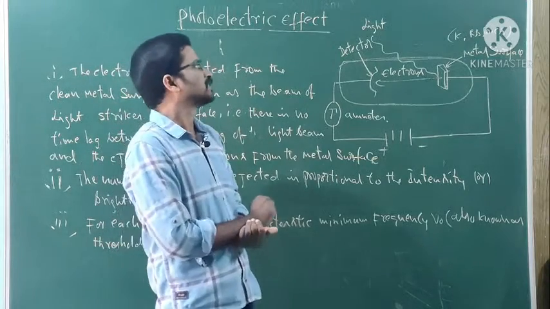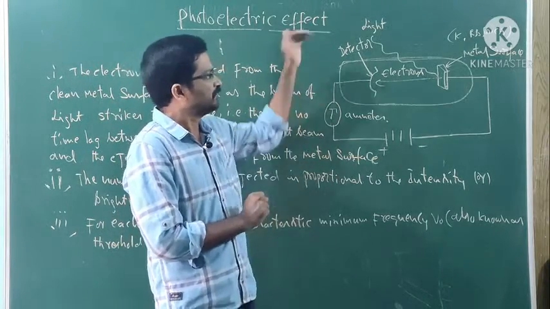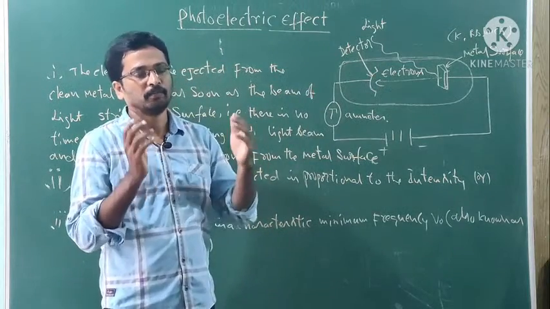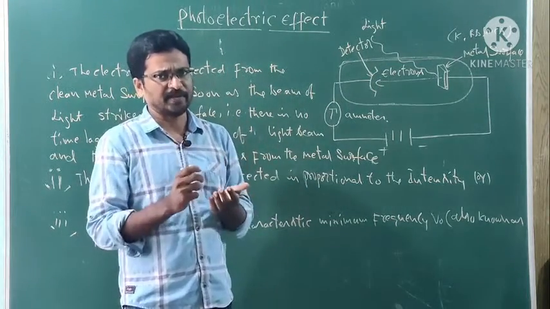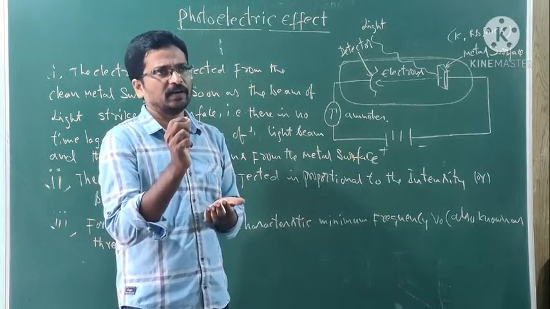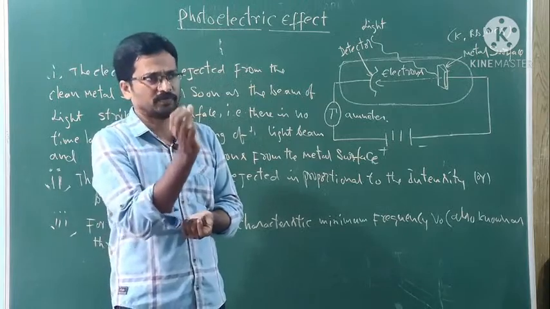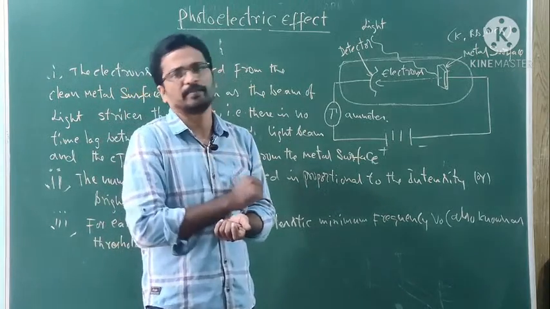This is the second point. Bright light falling on a metal surface can eject more electrons compared to less bright light. Less bright light can eject only a few electrons.